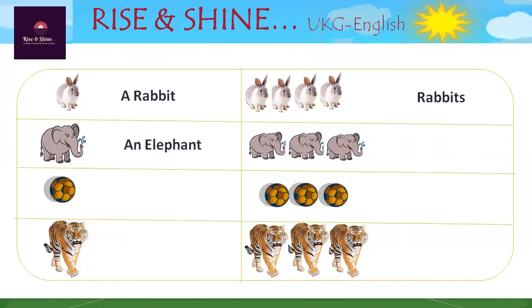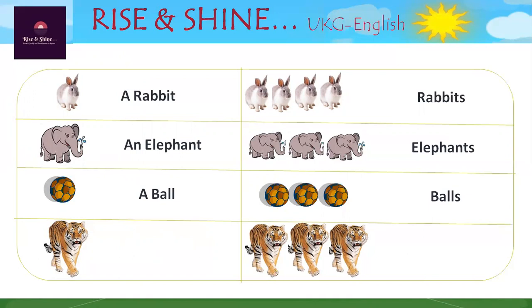Next is 1 elephant. So we say an elephant. And opposite to this, elephants. We apply S after elephant to indicate it is more than 1 in number. Next is 1 ball. So we write here a ball. And for 3 balls, yes, we apply S after ball.